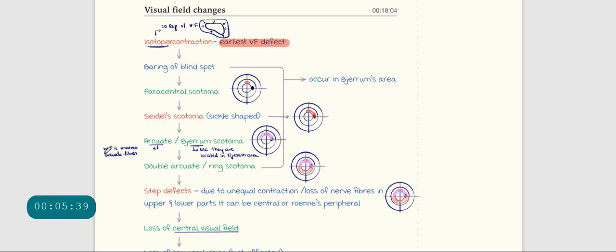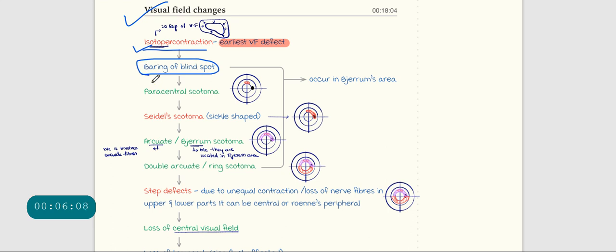So now what are the visual field changes associated? Firstly, the patient would be suffering from the earliest visual field defect, that is isopter constriction. Then there would be a baring of the blind spot.